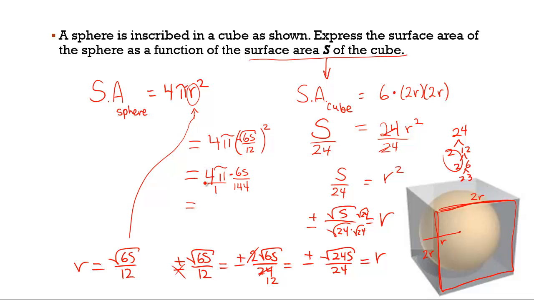So 4 and 144 simplify to 1 and 36, and 6 and 36 become 1 and 6. So everything simplifies to pi s over 6. So there you have it. The surface area of a sphere is pi times the surface area of the cube over 6.